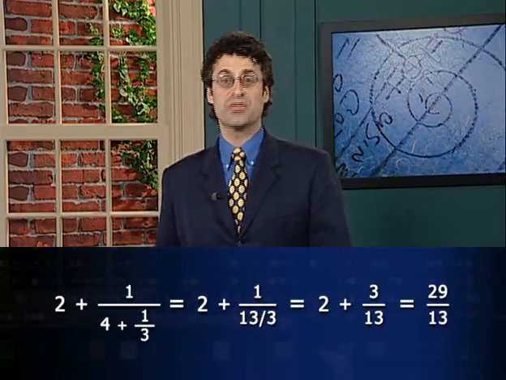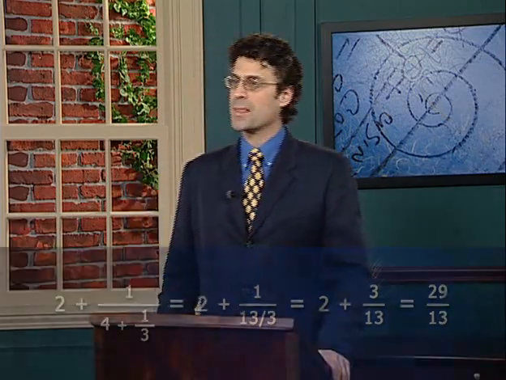And notice, indeed, that's a rational number. Thus, we have just shown that a number is a rational number if and only if it can be expressed as a finite continued fraction of the form a0 plus 1 over a1 plus 1 over a2 and so forth, with a last term 1 over an, where the a0 is some integer and all the rest are natural numbers.